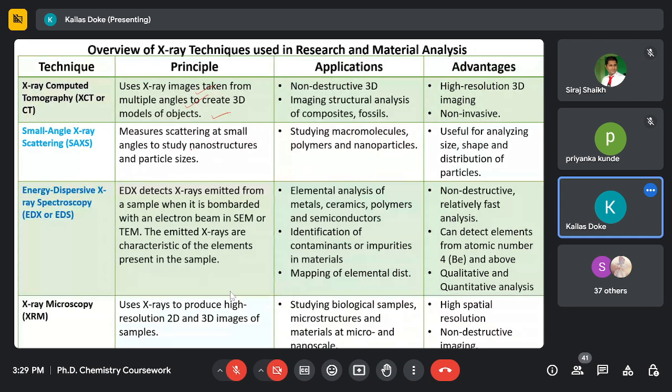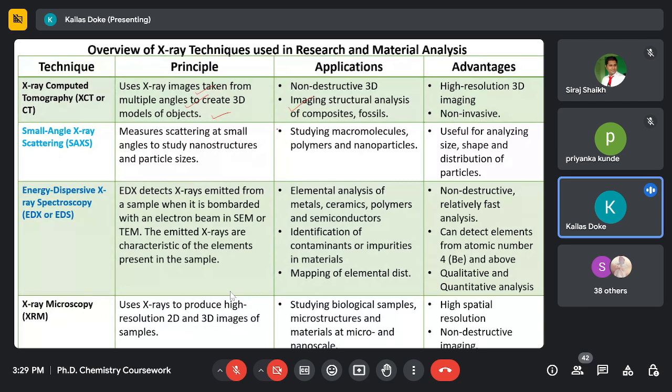This is also a non-destructive technique, and we can take images of different composites, biological materials, and fossil materials by computed tomography.